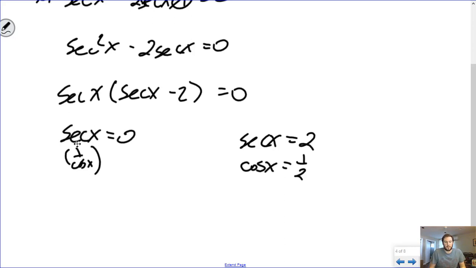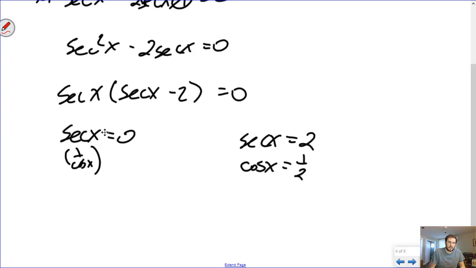Now, be careful here. When does secant x equal 0 is telling us when does 1 over cosine x equal 0. And can 1 over cosine x ever equal 0? No, right? Cosine will be some value between 1 and negative 1, and if you take any number between 1 and negative 1 and divide 1 by it, it's never going to equal 0.